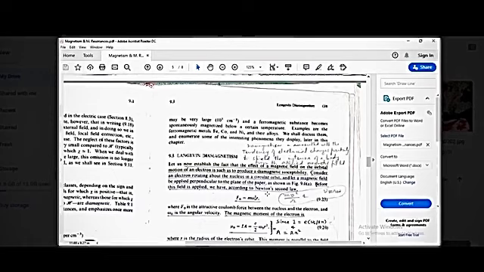So the magnetic moment of the electron, as we defined before, is equal to current I into the area of this loop.